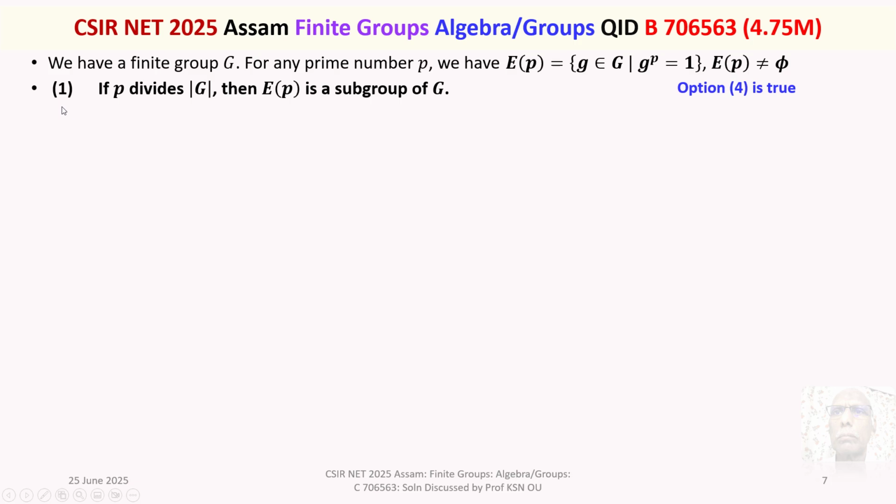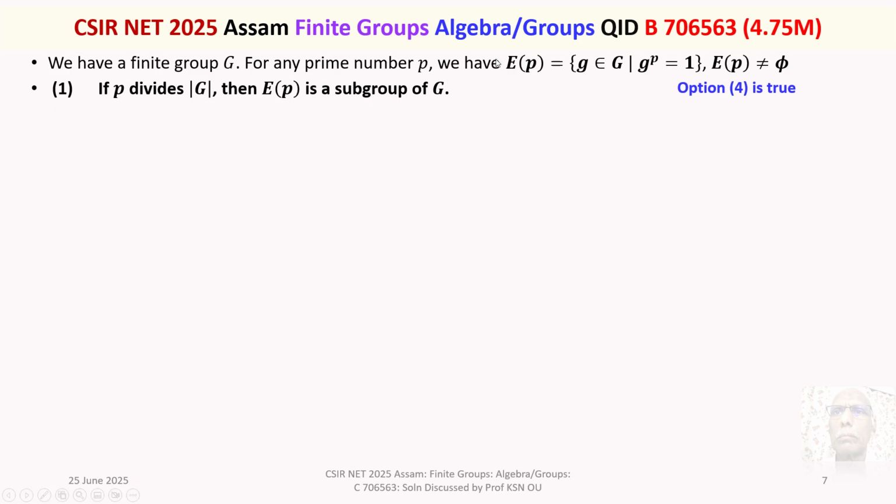We go to option 1. If P divides order of G, then E of P is a subgroup of G. Now, just now we have seen whenever G is an abelian group, E of P is a subgroup of G. So therefore, what we do is we look for a group G which is not abelian.